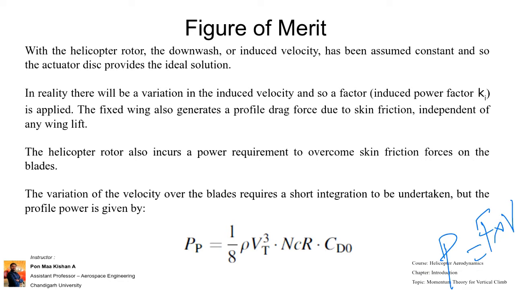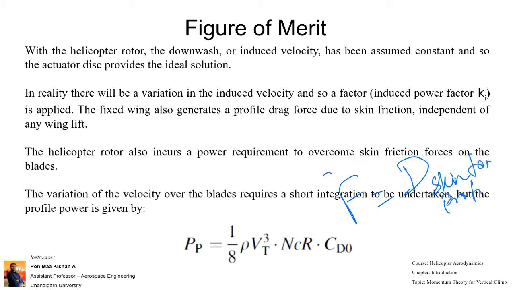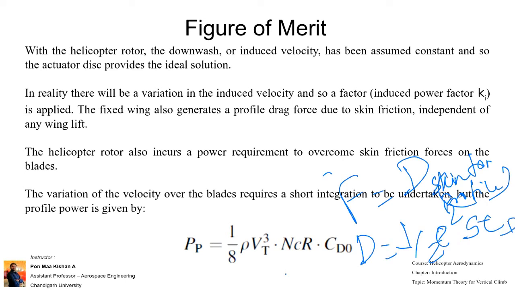So here our force is drag, that is aerodynamic drag with respect to skin friction, or we can say profile drag. So drag will be given with respect to half rho v square S CD, right? So half rho v square S CD, that is our drag.